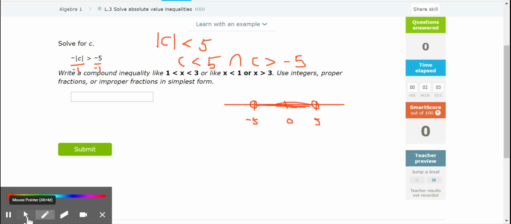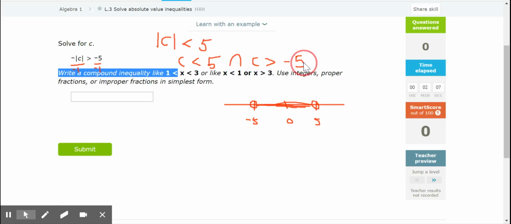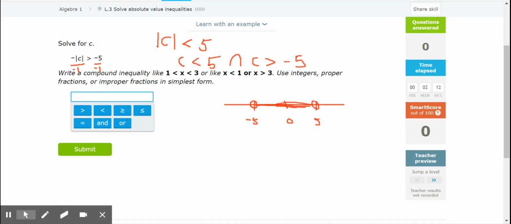Now, the most efficient way to enter this, I can enter this entire expression up here, but I can also say from -5, which is less than C, which is less than 5. That's a more efficient way of writing what I have up top. I just drew it to show you that this is the and statement that we should be writing. But I could have written this in with the word and still gotten credit.